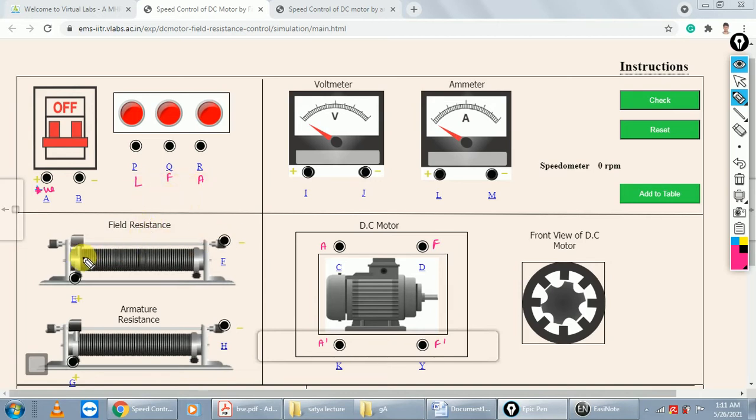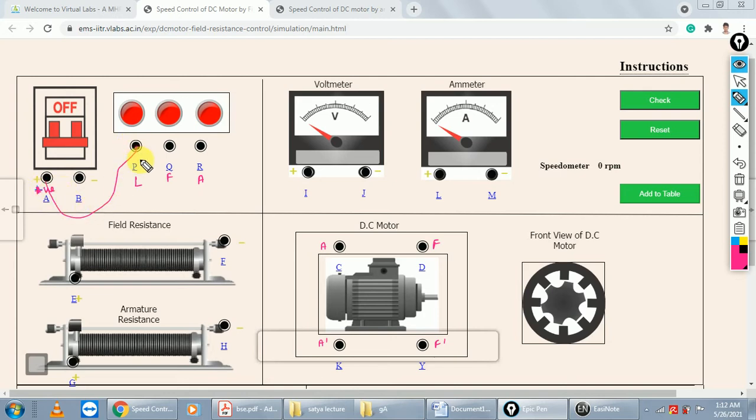Here, suppose we connect this DC shunt motor in the field weakening control method. So in between the field, you connect this field resistance in series with the field. The connection: first, this is your positive voltage, connect to this P. Make the general connection, then we connect according to the instruction.